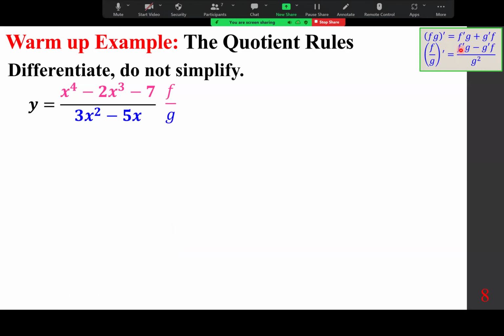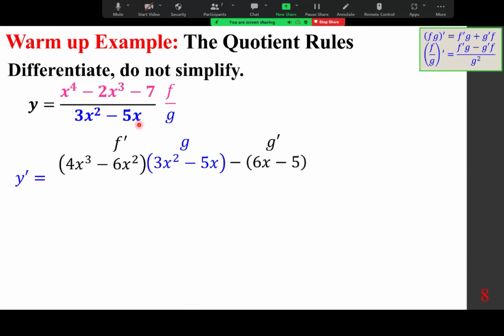We need f prime. So we need 4x cubed minus 6x squared times g, just write the denominator, minus g prime, we need the derivative of the denominator, which is 6x minus 5, times f, the top function, the numerator next to it.